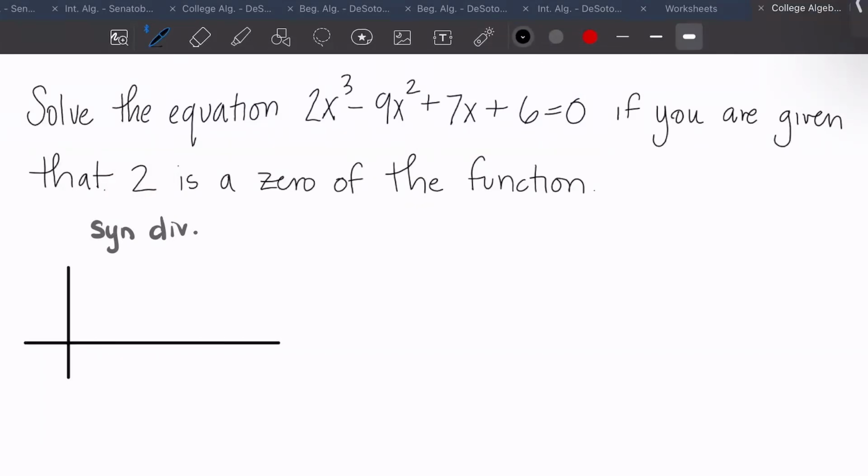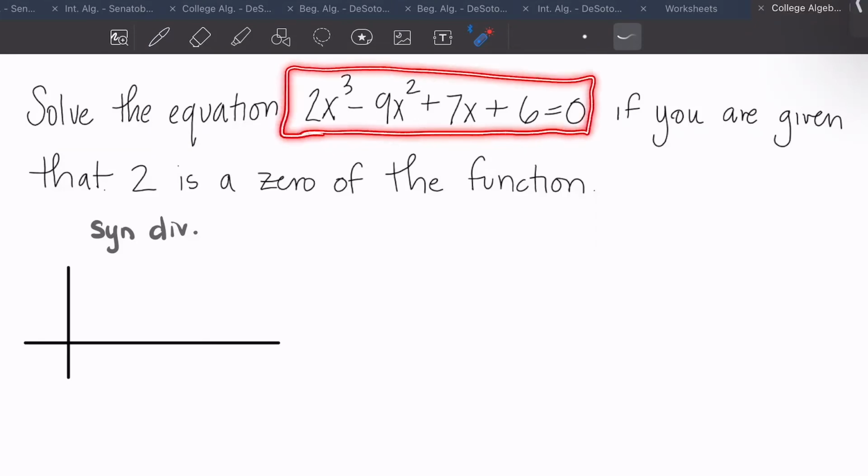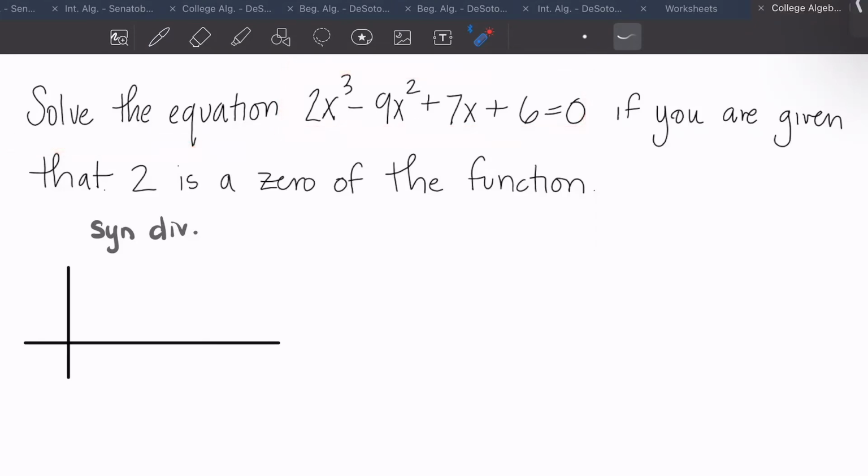Okay. Side note, normally, based on what you know at this point, I give you this and I say solve the equation. Well, you'd be like, all right, so this has 4 terms. So I'm going to use grouping. That's the only way I know how to factor this.